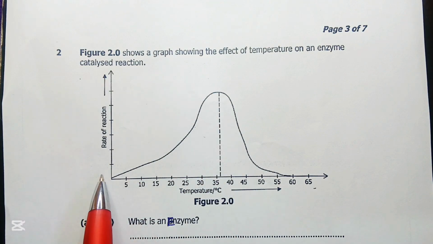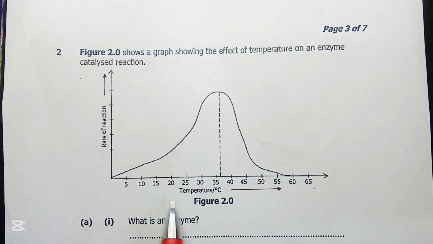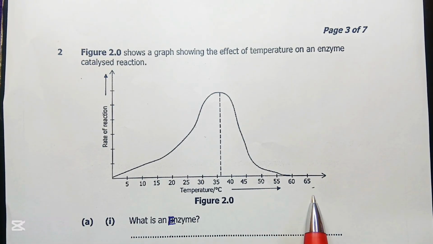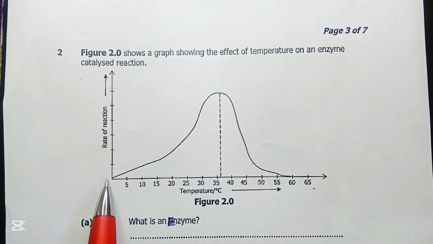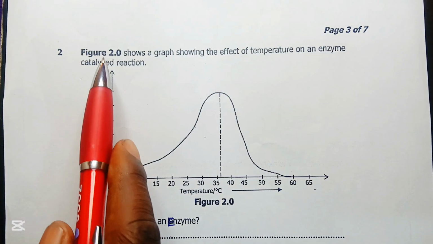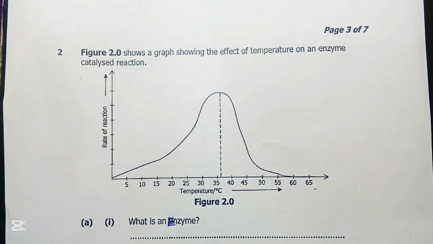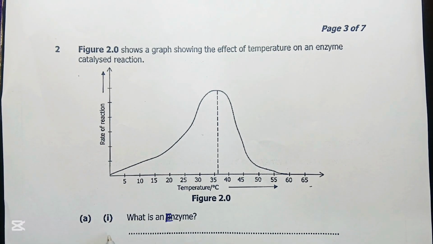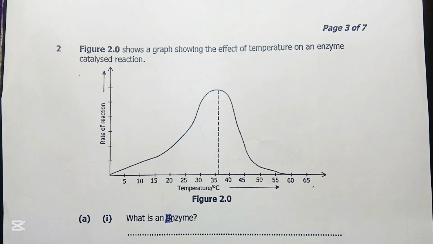It was showing rate of reaction on this side and temperature here. As the temperature was increasing, the rate of the reaction was also increasing. Now the first question was: what is an enzyme? It was 2 marks.